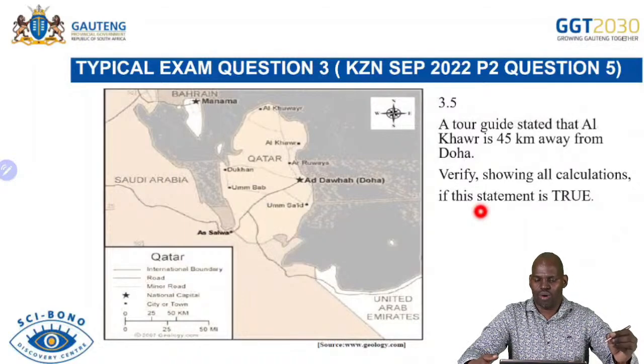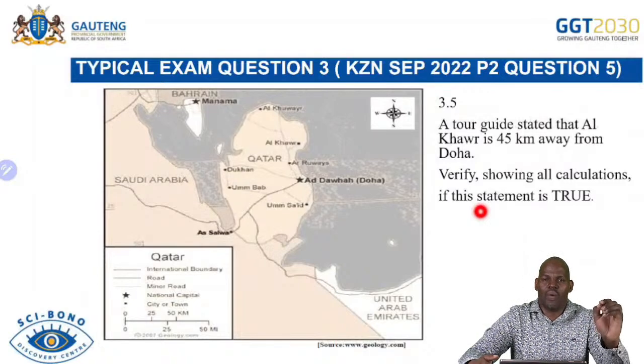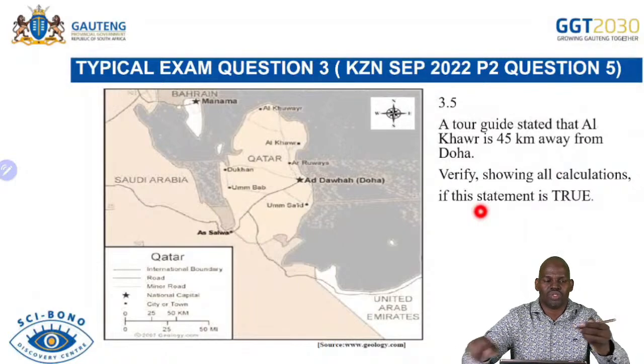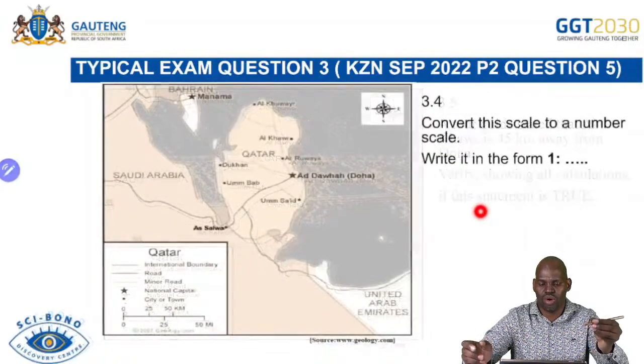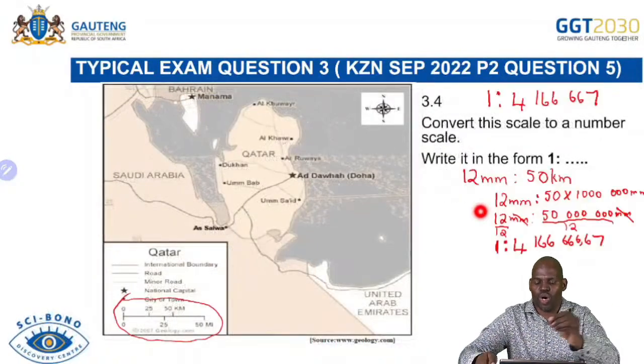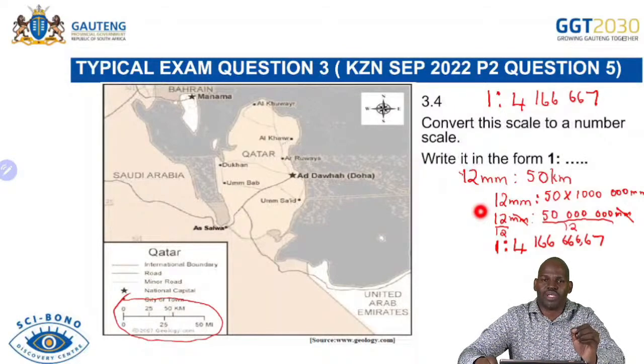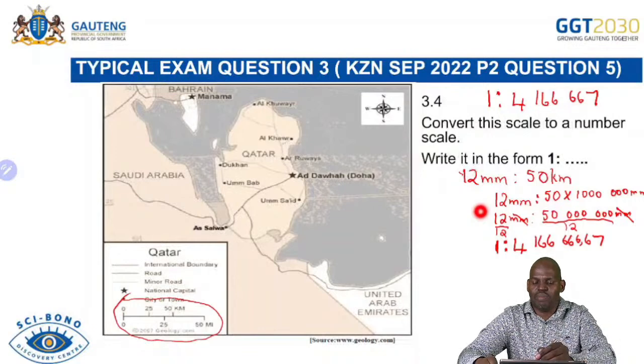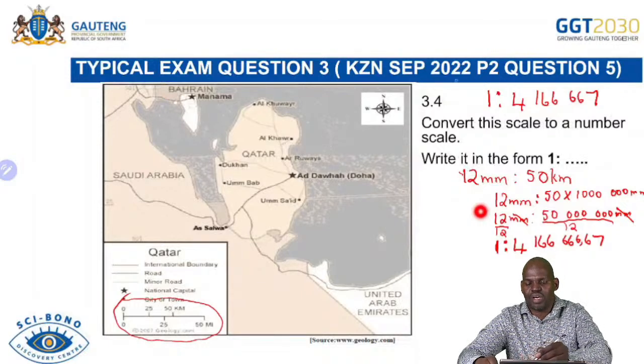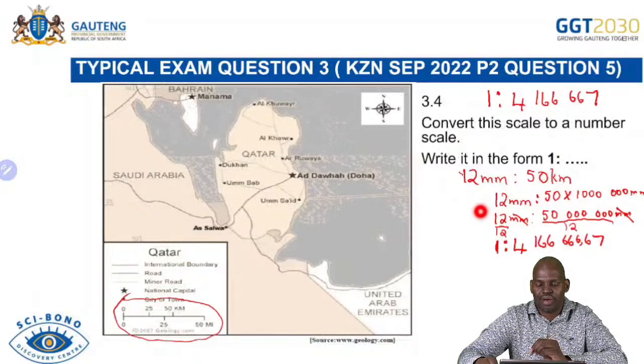Okay, now what we need to do is we know our scale. So if I take you back to this one, we can see that we've got 12 millimeters is the same as 50 kilometers in reality. Or you can still use the simplified scale.